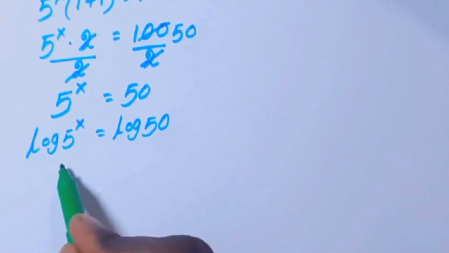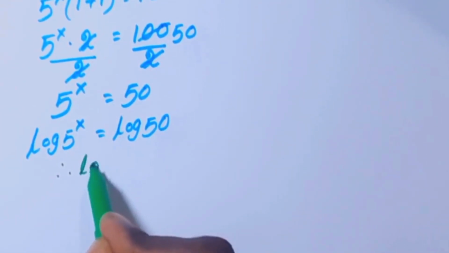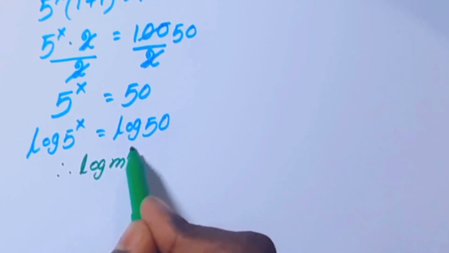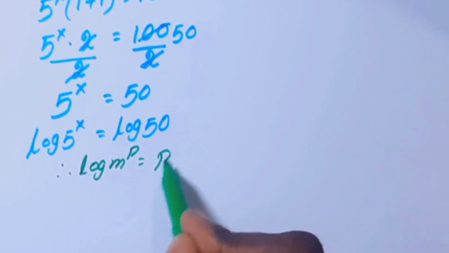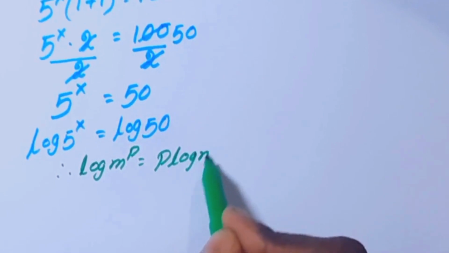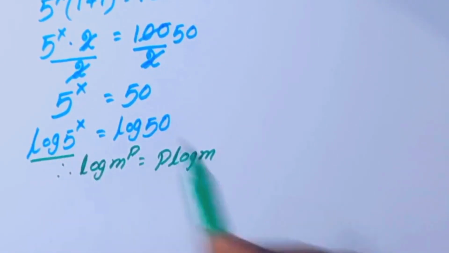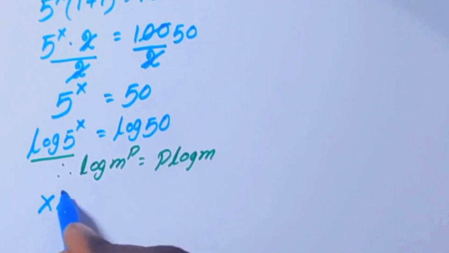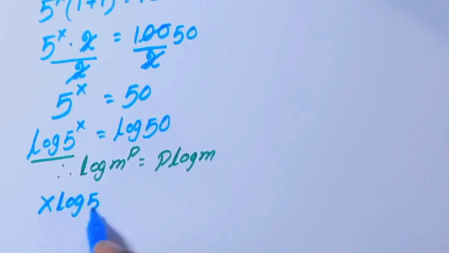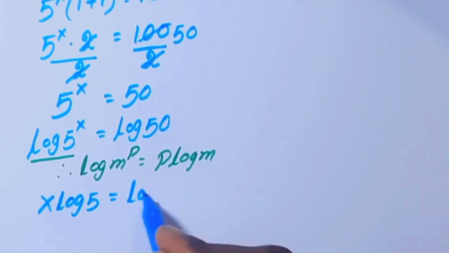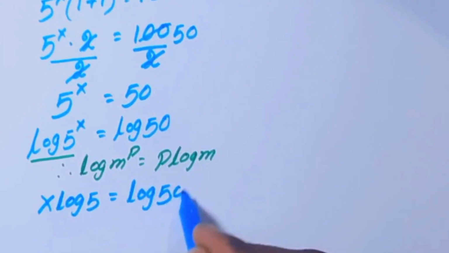Now we know the log power formula: log m power p equal to p log m. We are going to apply this here. So we'll get x log 5 equal to log 50.